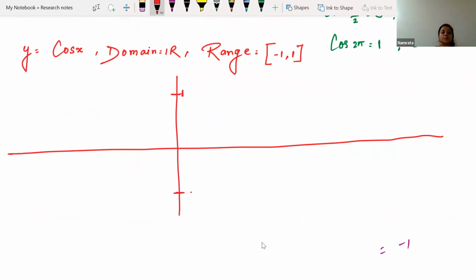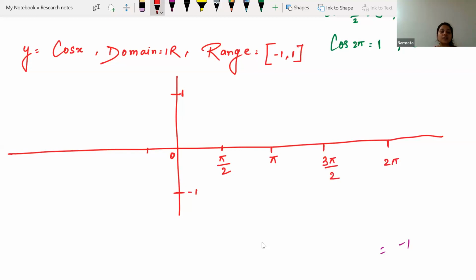Here also I am going to take the angles: first 0, then pi by 2. I said degree again, but we are taking radians, so please don't take degrees, okay? Pi, after that 3 pi by 2, and then 2 pi.